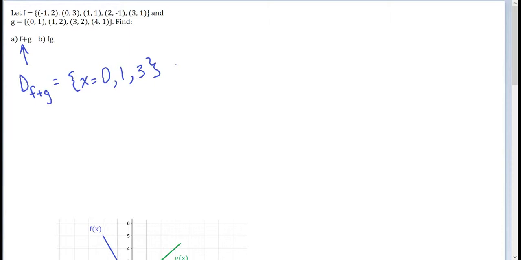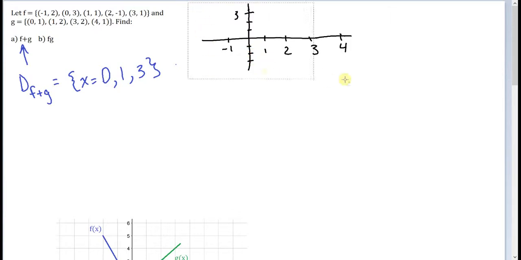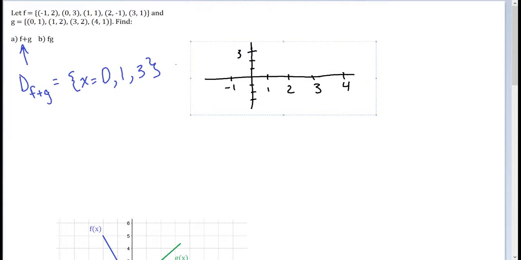Let's just get a quick idea of what this is like graphically. I think I'm going to have to move this down a little bit and need a little bit more space. Okay, so I will do f in red.